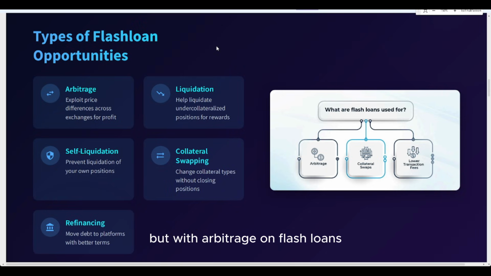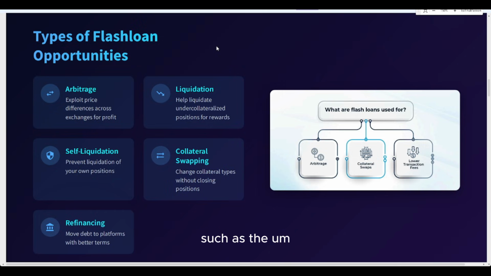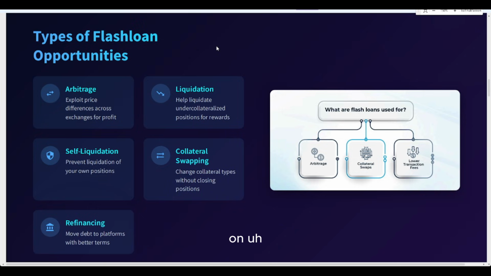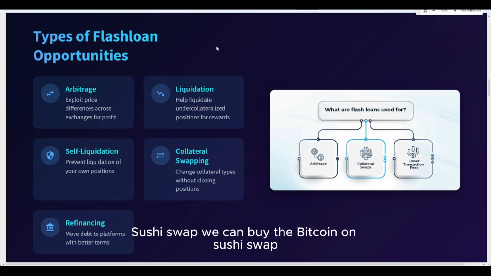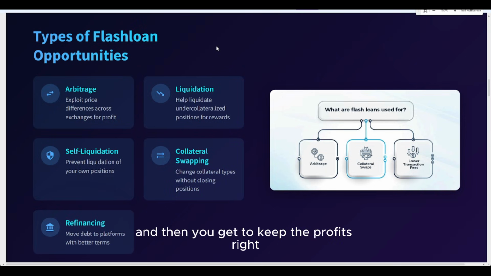But with arbitrage on flash loans, we can only do this on decentralized exchanges such as SushiSwap, Uniswap, Paraswap, those types of decentralized finance platforms. So let's say we identify that Bitcoin is slightly cheaper on SushiSwap. We can buy the Bitcoin on SushiSwap and then sell it on Uniswap, where the price is slightly higher, and then we get to keep the profits.